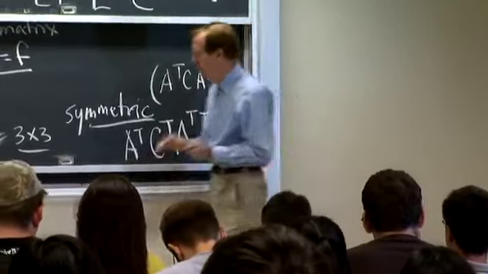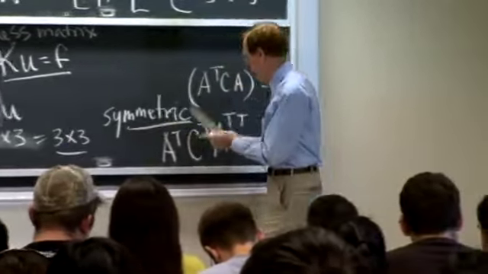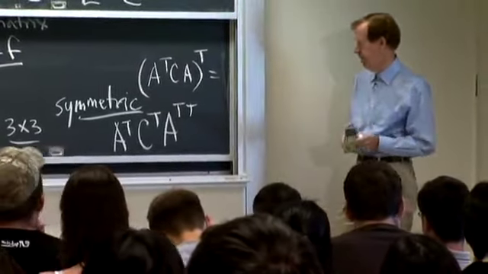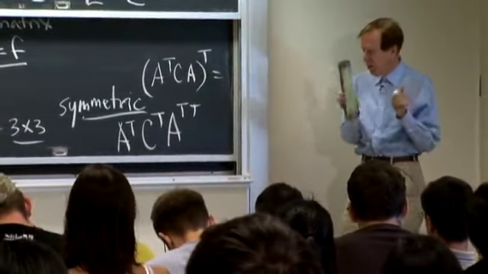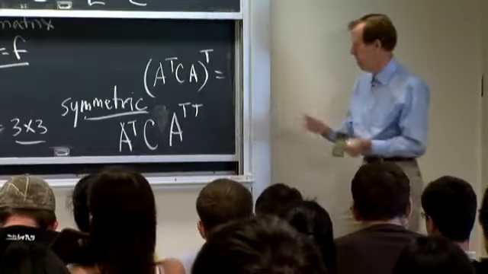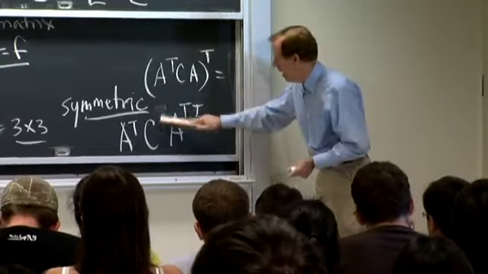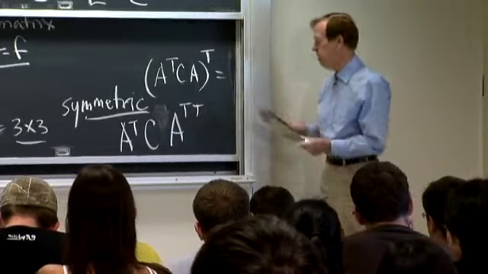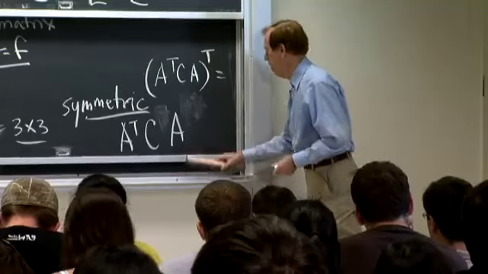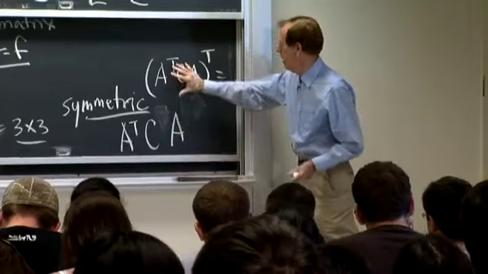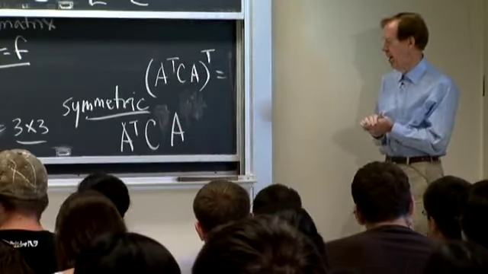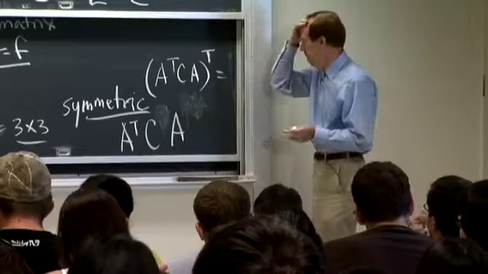Now I'm ready to use the wonderful fact of what we've got here. So what is C transpose? Notice, we wanted a symmetric matrix in the middle to be able to knock that T out. And what is A transpose transpose? That's A. So we've learned that the thing is symmetric, that if I transpose it, I get it back again. Right. Okay. We're going to see more about that.